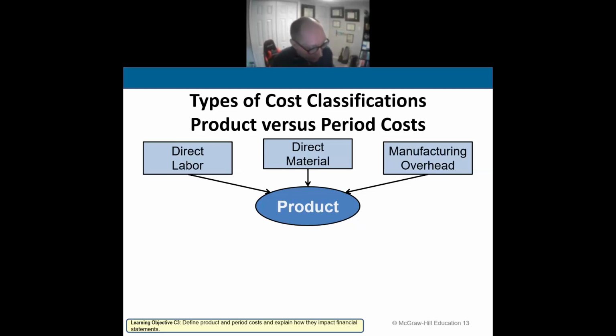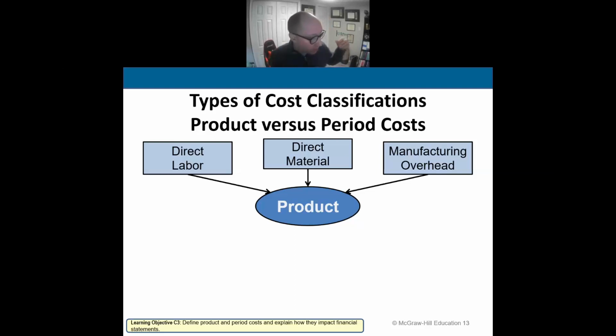Direct labor, those are the employees directly working on the manufacturing of the product. They're physically making the car on the assembly line. That's direct labor. Direct materials are the raw materials that make up the majority of the cost of the product.